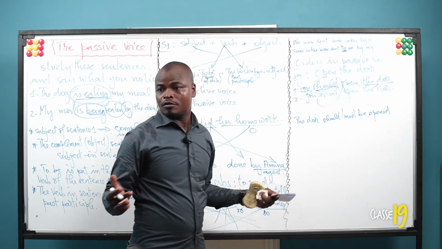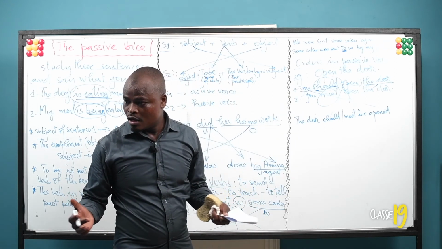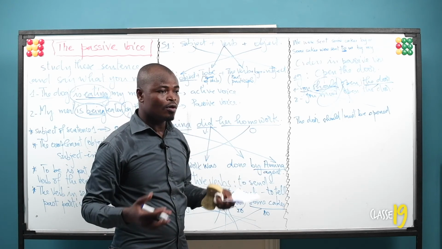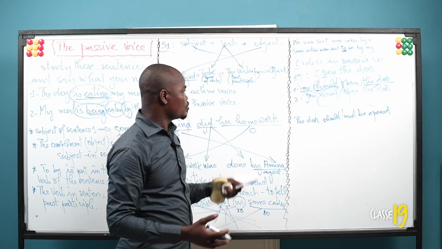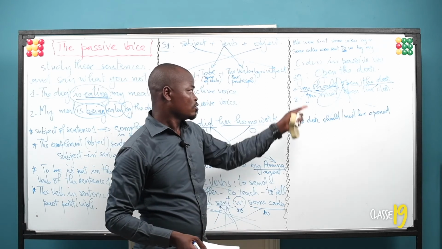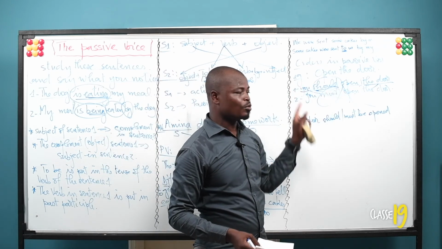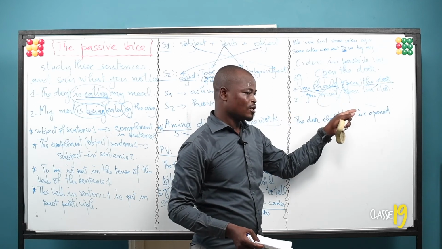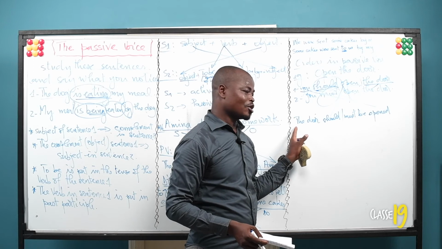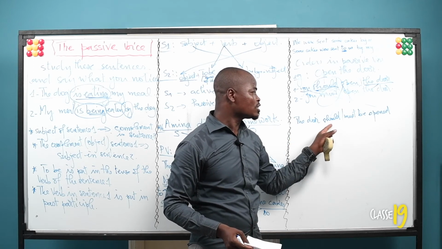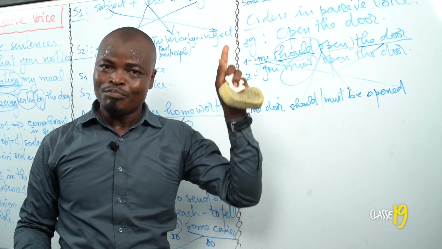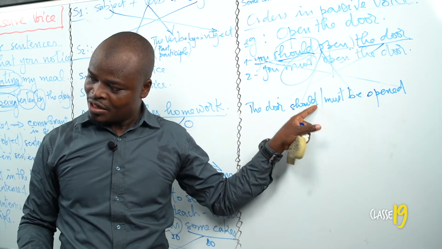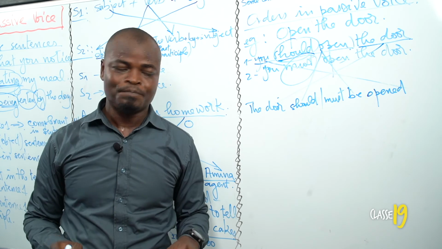We may have a negative order. Don't open the door. You should not open the door, or you must not open the door. And here, the answer will be the door should or must not be opened. So the negation will come here. Is it clear for everybody?